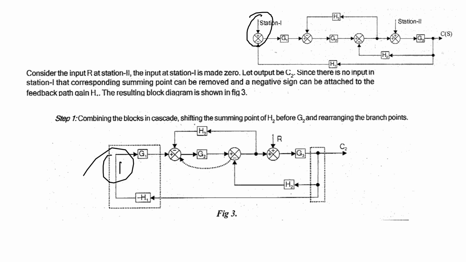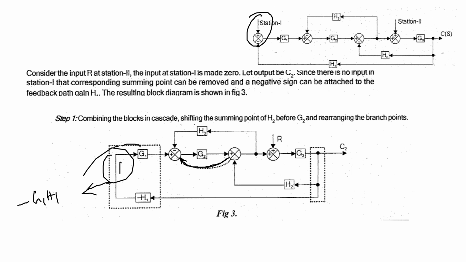Now from the block diagram, I can find these two blocks in cascade. If you combine these two blocks, you will get minus G1 H1. And for our easy understanding and manipulation, I can interchange these two. I can move this summing point here.